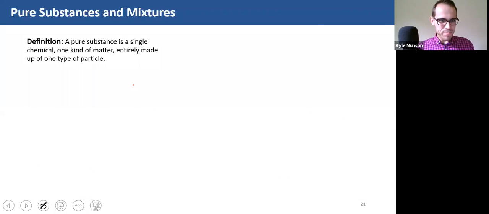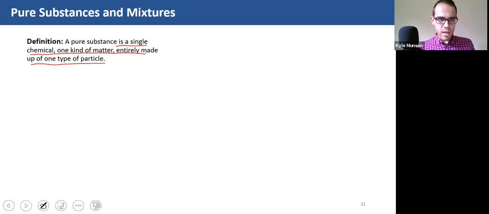So, by definition, a pure substance is a single chemical, one kind of matter entirely made up of one type of particle, which is maybe a few different ways of saying the same thing, but that is really important.